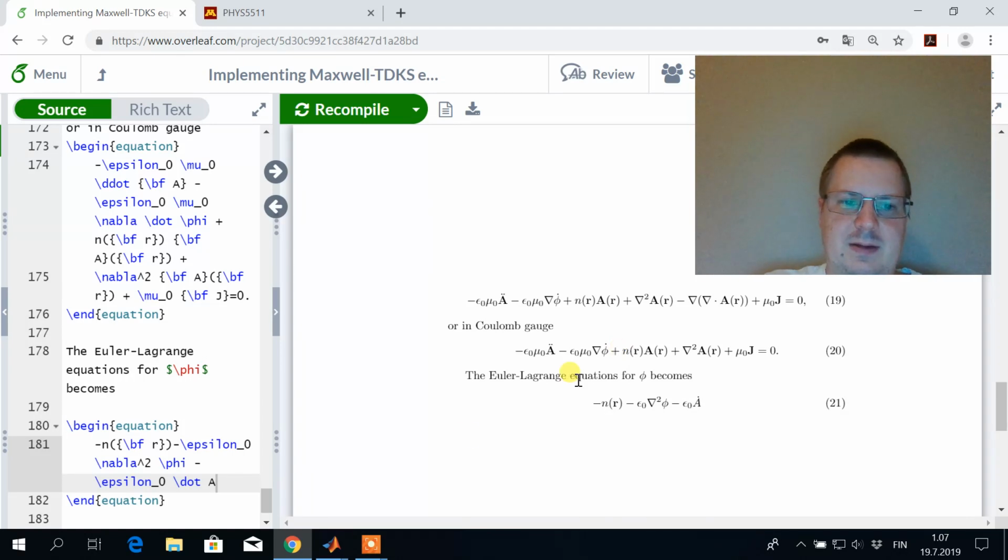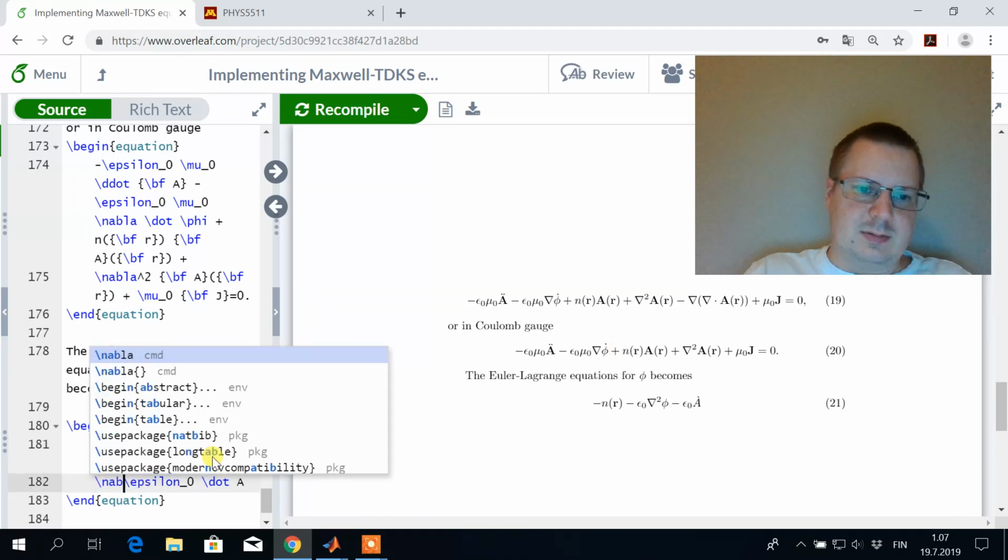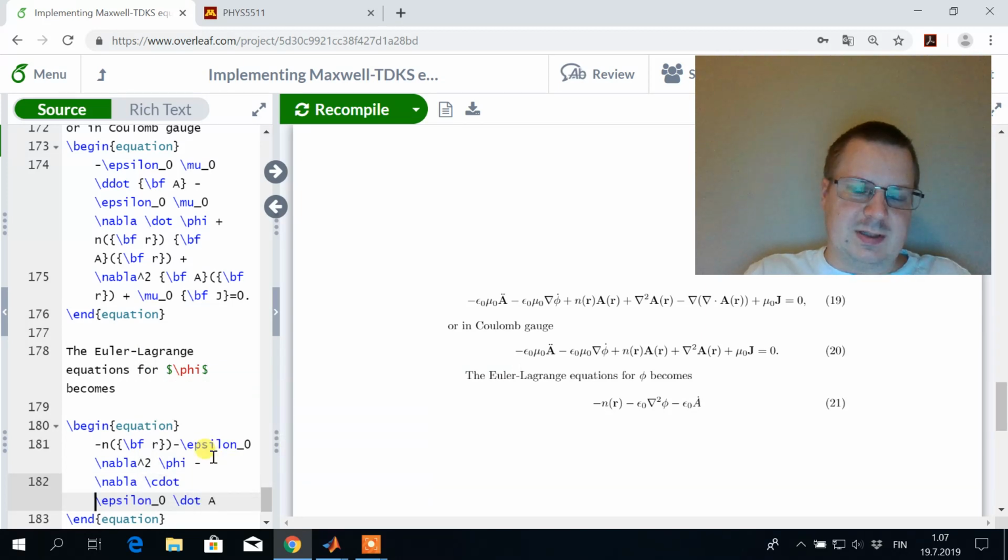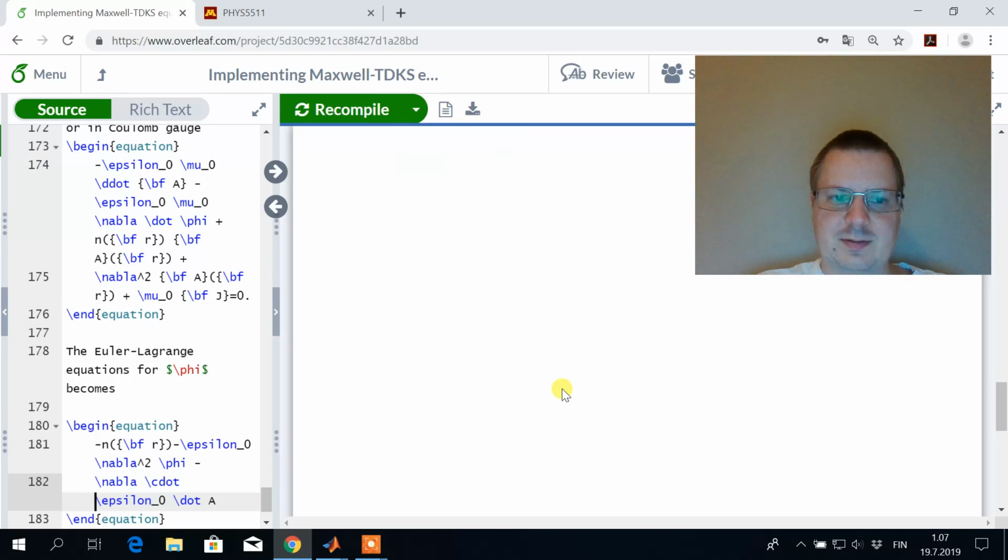And divergence of the, so this divergence comes from the divergence of the Lagrangian equation.